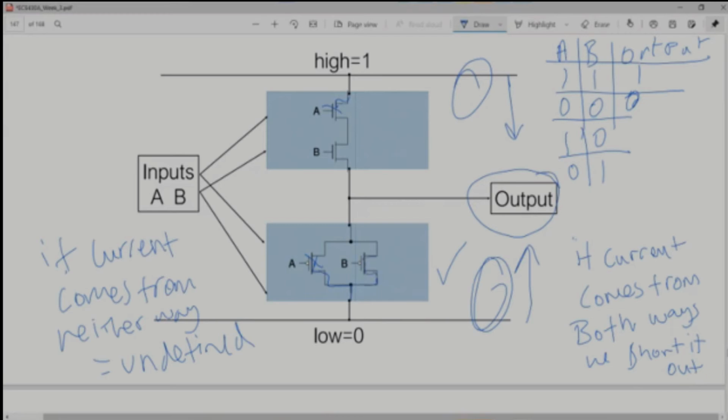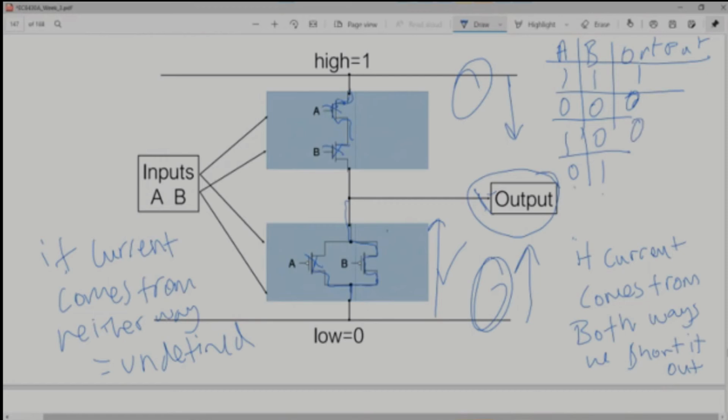Does it go? Yes, it goes. So we get an output this way, but let's check the other way. Does it go if A is 1? Yes, we can go. And B is 0, so no, the connection stops here, so we only have output from the 0.